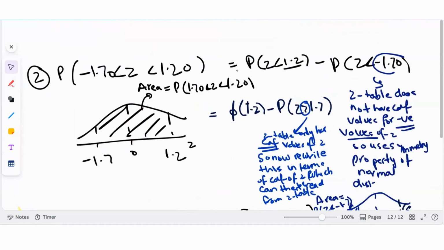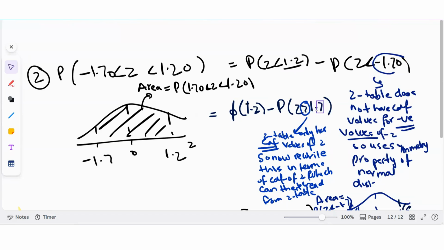So first of all, you identify this probability as probability Z less than 1.2 minus probability Z less than minus 1. Here, the first term was already in the form of the CDF for a positive value of Z, so you can directly write it as phi 1.2 and read it from the table. Here, we had a negative value of Z, for which we first used the symmetry property.